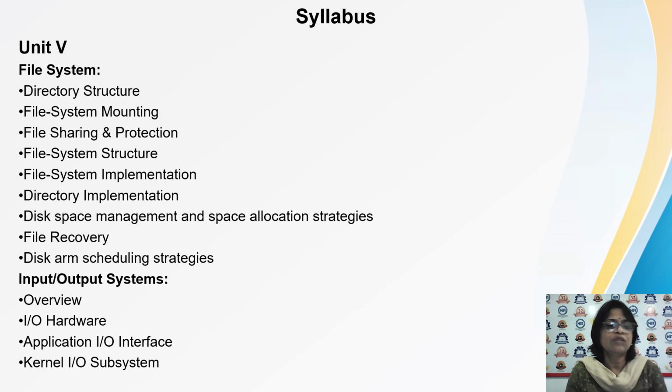The unit will also cover the basics of IO hardware, how IO services are provided by the operating system, and how these are incorporated in the application IO interface. So these are the 5 units which will be covered in the whole syllabus of the operating system.